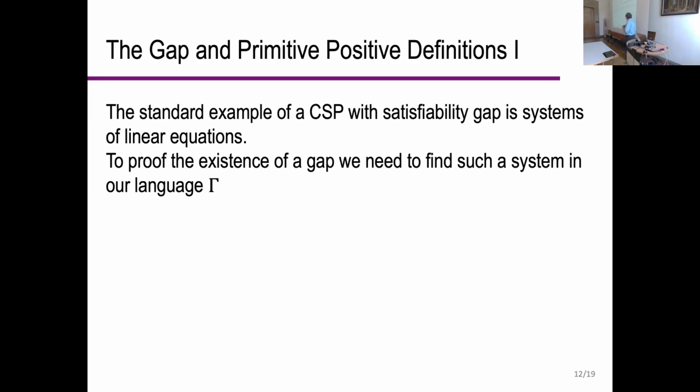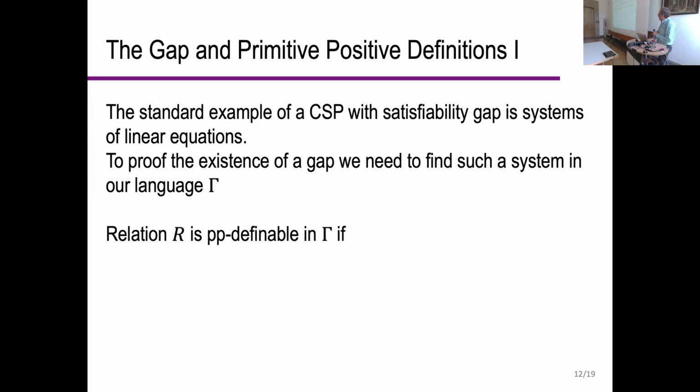So the main question is how. What is the mechanism that would allow us to not only find those systems of linear equations, but find them in some kind of meaningful way? For that, we don't need to think too much, because in CSP, or at least the algebraic side of CSP, things are very well known. What we need to do is to use primitive positive definition. This will give us everything.